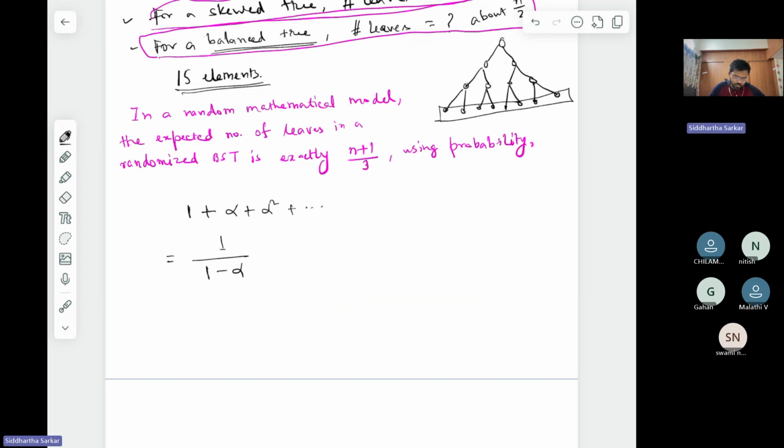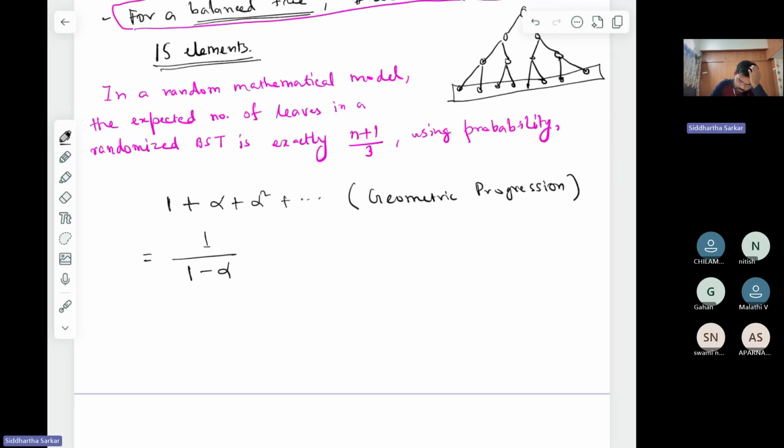Is it what you're talking about? So this is called a GP. So this is a geometric progression. It's an infinite GP. Yes, Nitish is right. So it's an infinite GP because the number of terms is infinite.